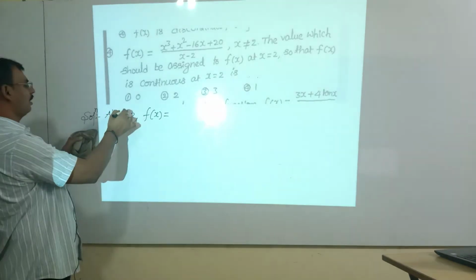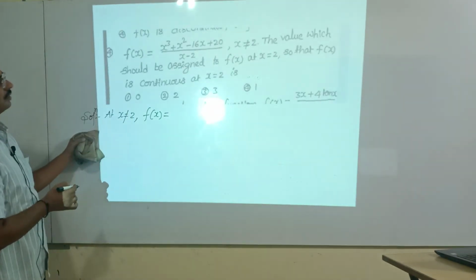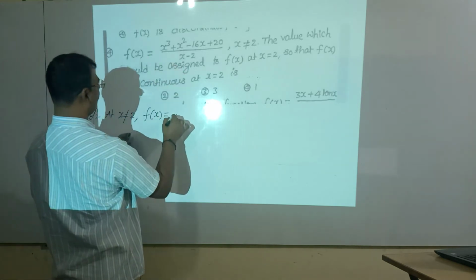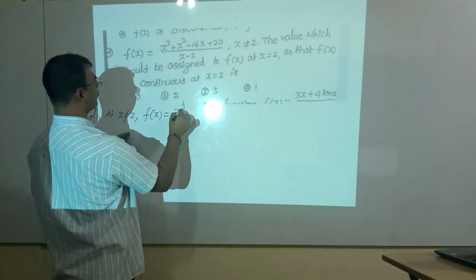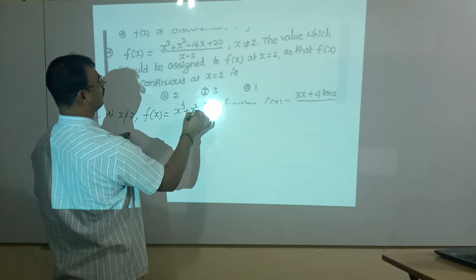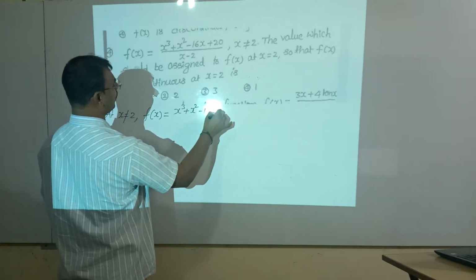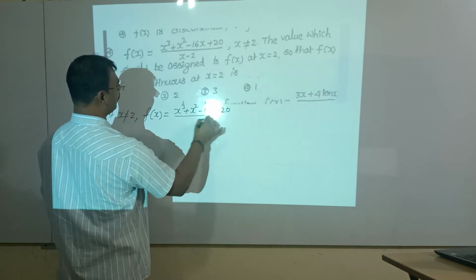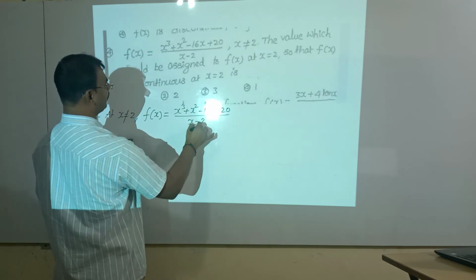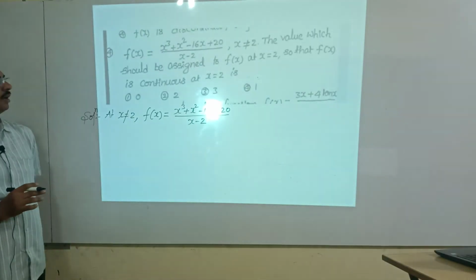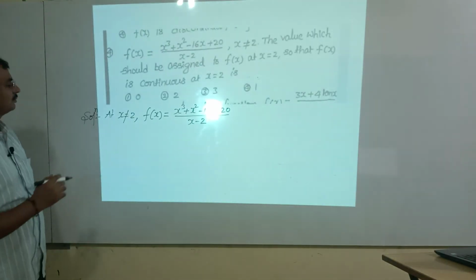At x not equal to 2, f of x is given as x cube plus x square minus 16x plus 20 divided by x minus 2. Okay, I have to find the limit of the function.